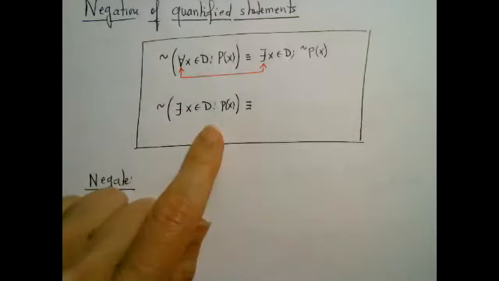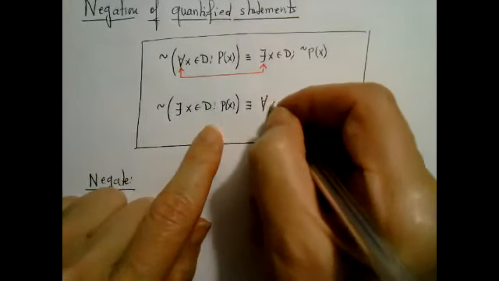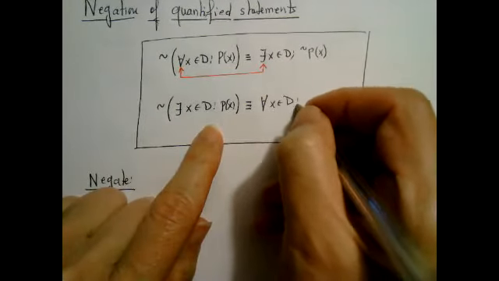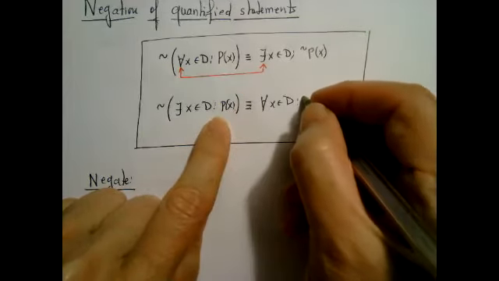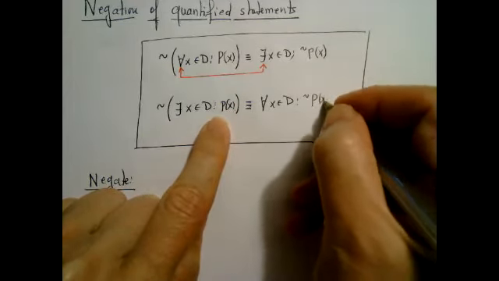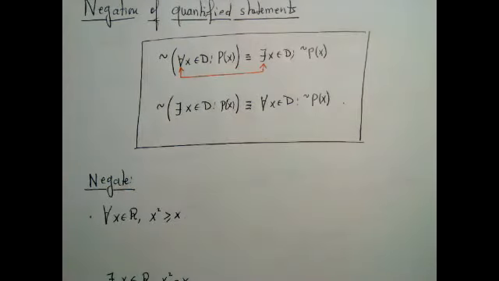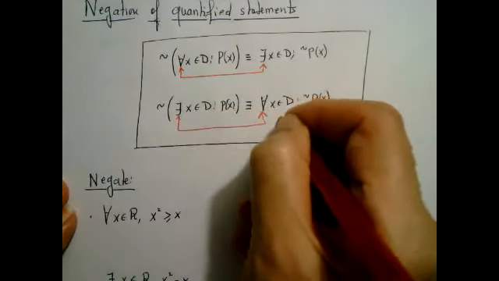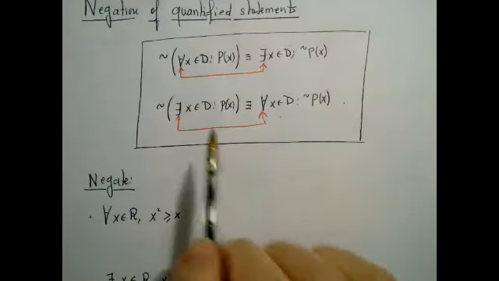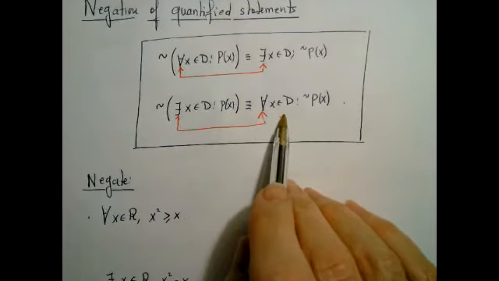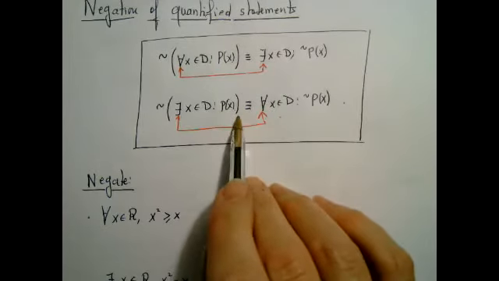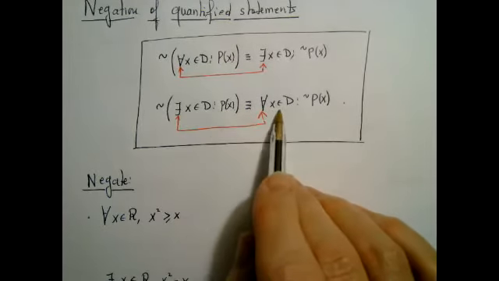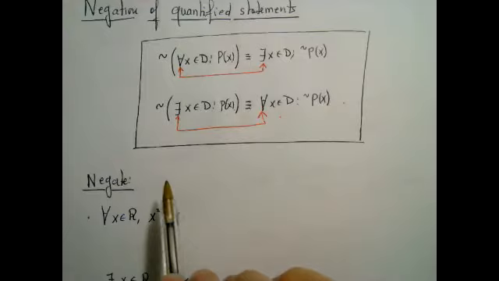So the negation is: for all x in D, this is false, it means its negation is true. Okay, absolutely, extremely important ideas. So the negation of "there exists" is "for every x, non-P of x". Be very careful, it's not P, it's for all x non-P of x.